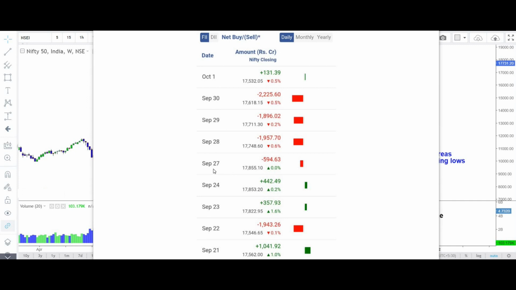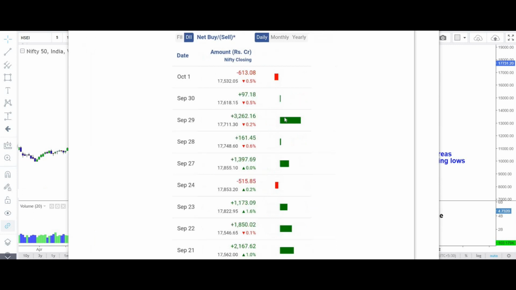But despite declining volumes, what is causing the market prices to increase? What's pushing the market prices to new highs? The answer has to do with the DIIs, or the domestic institutional investors. If you look at the activity of DIIs, they are exactly opposite to what FIIs have been doing for the last couple of weeks.